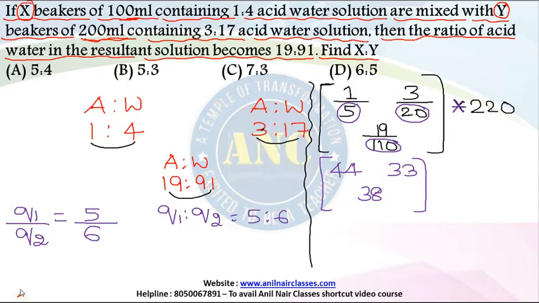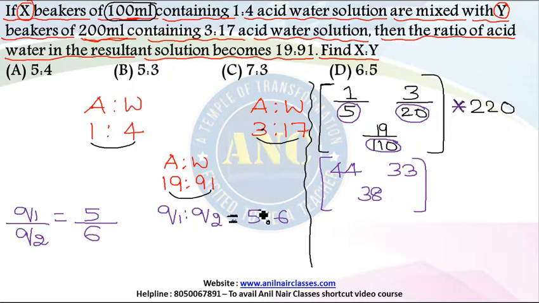The two quantities in vessel 1 and vessel 2, in the first type of vessel and second type of vessel, are mixed in the ratio 5:6. But think logically, sir. They are saying that the first type of vessel is always a 100 ml can. The can is of capacity 100 ml.